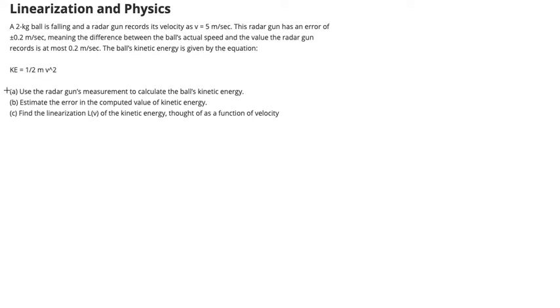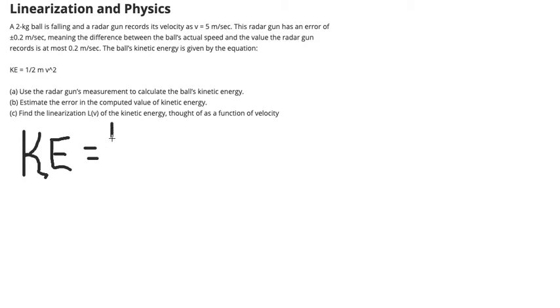we can use this video to do part A, and then I'll do part B and C in the next videos. So let's see. We'll start off with what we're given. We know that KE, which is the kinetic energy, is equal to half of the mass, which is given to us.